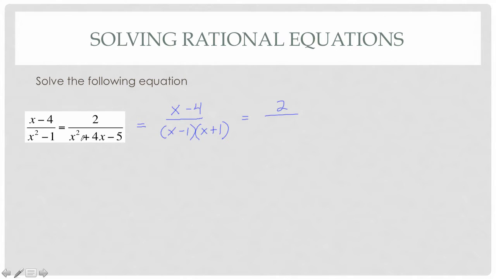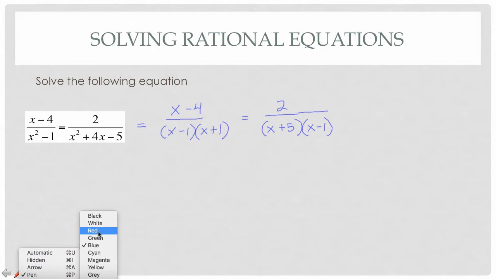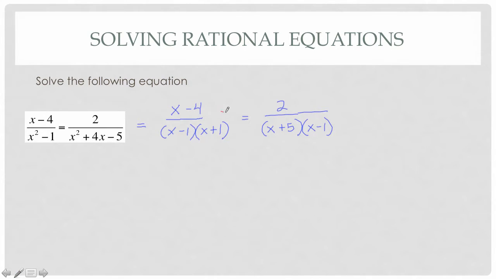It factors into x plus 5 times x minus 1. Okay, now we can recognize we have one rational expression set equal to another, so we can change it into a different form by using cross multiplication.